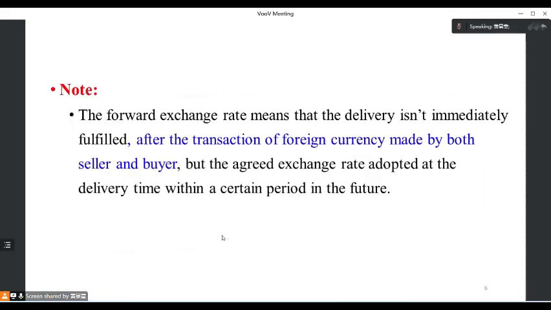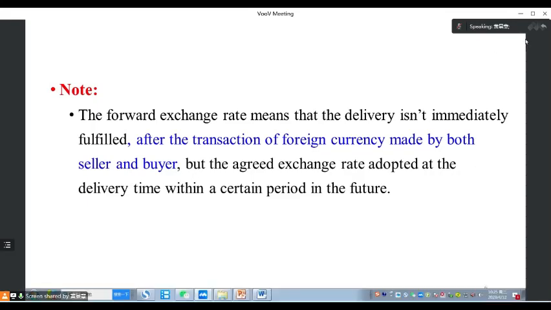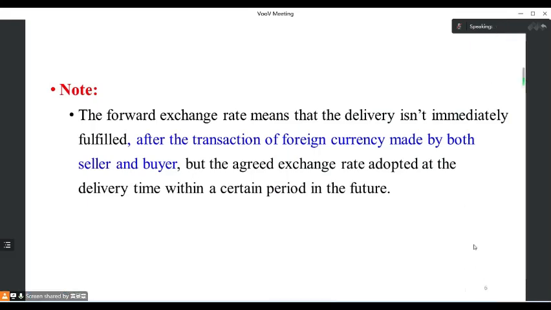The forward exchange rate means that the delivery isn't immediately fulfilled after the transaction of foreign currency made by both seller and buyer, but the agreed exchange rate is adopted at the delivery time within a certain period in the future.